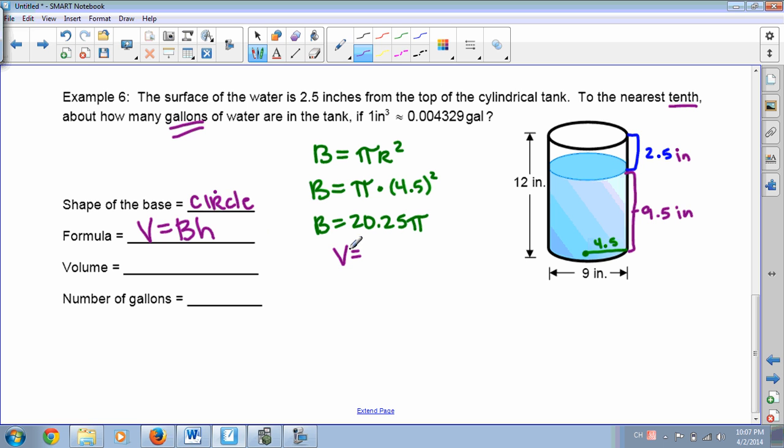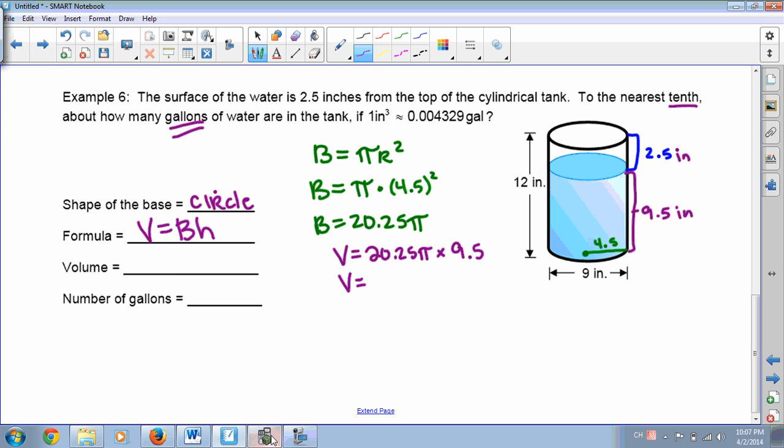So we have big B, which is 20.25 pi, times the height of our cylinder. Okay, but we're not looking for the cylinder, we're just looking for the volume of our water. So the height of our water is just 9.5. So in my calculator, I need to figure out what 20.25 times 9.5 is.